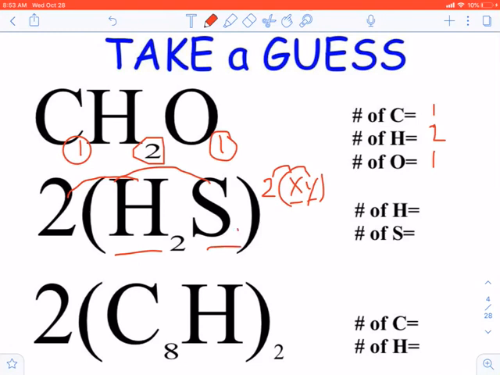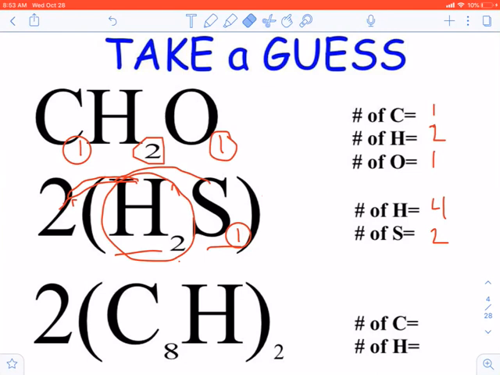So remember, this little S here had that little magical invisible 1 by it. So really it's 2 times H2, or 2 times 2 is 4. 2 times S, or 2 times 1, is 2. Okay? Some people like to think of it this way.